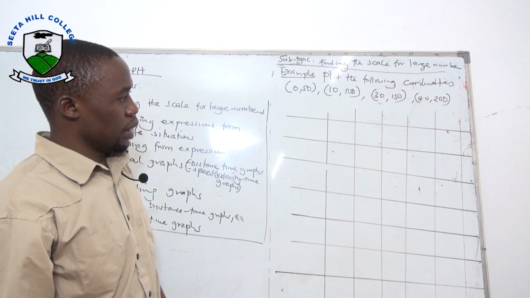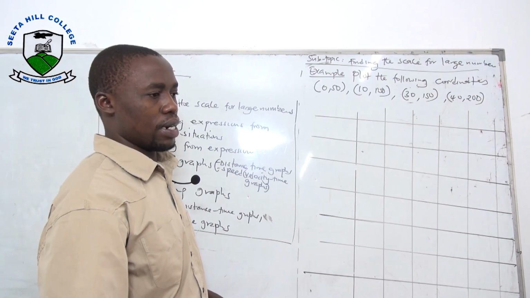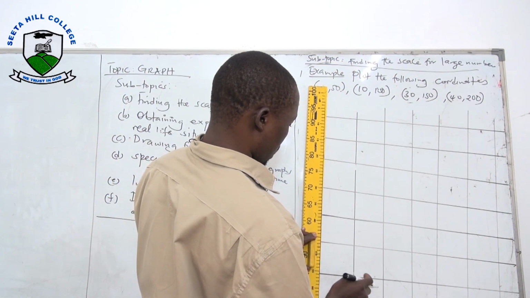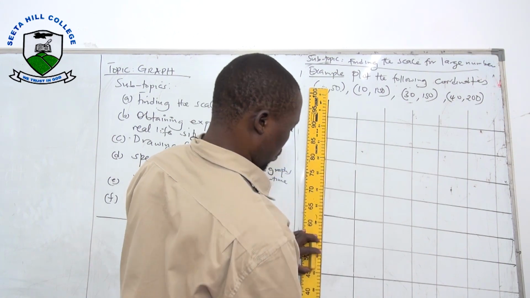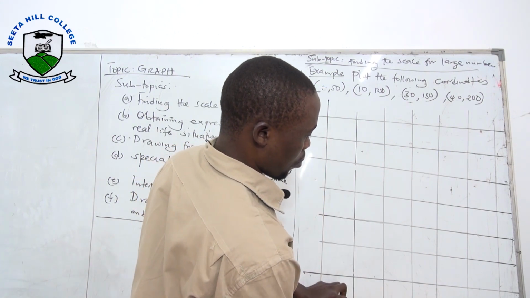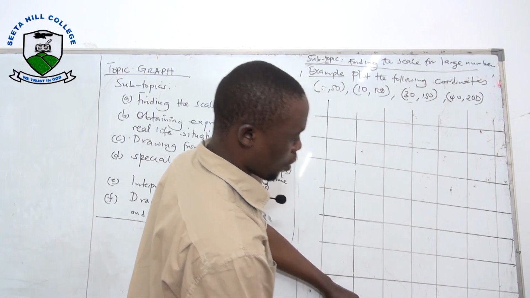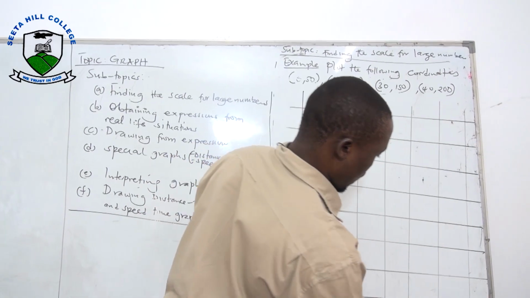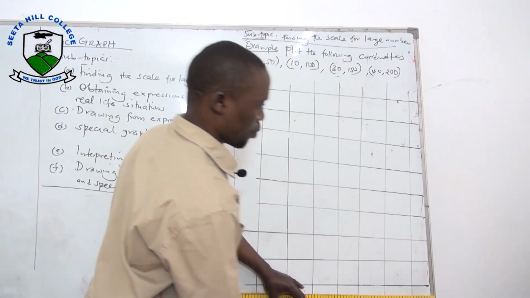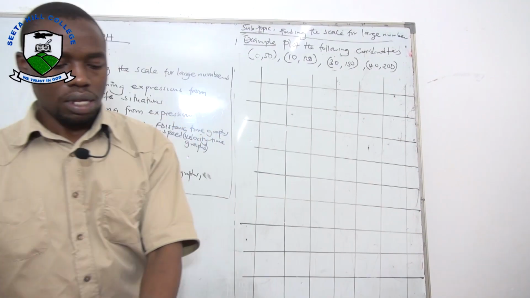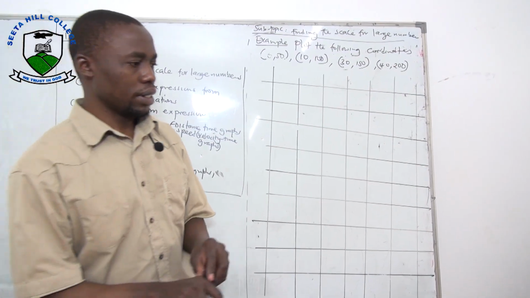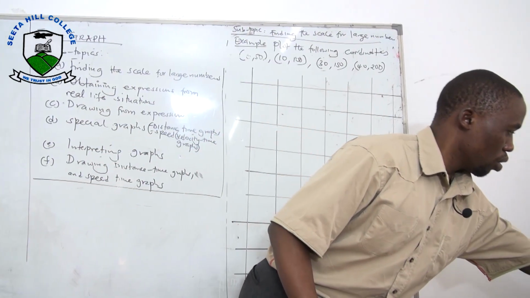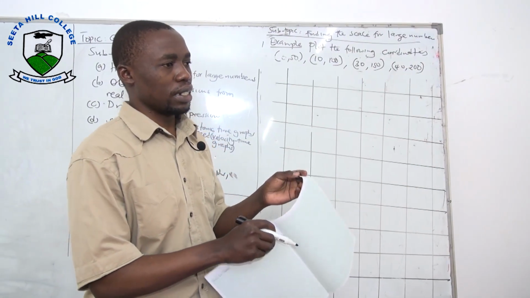Now we discussed in senior 1 that the graph paper has boxes drawn at bold lines at intervals of 1 centimeter. Do you recall that? That the bold lines in the graph book are drawn at intervals of 1 centimeter.